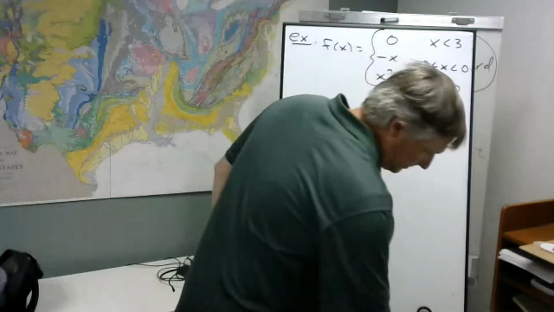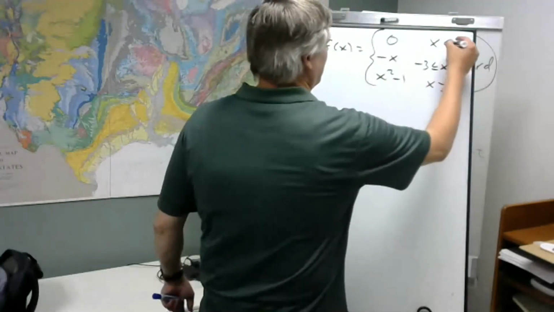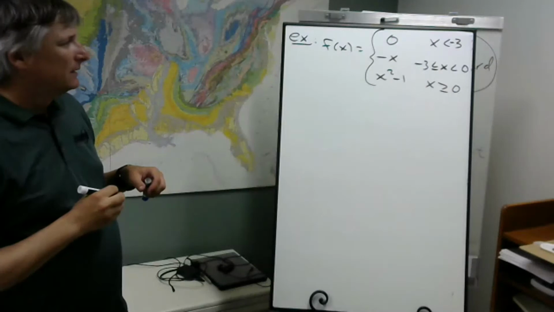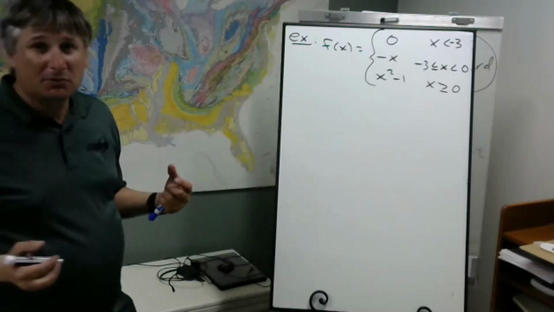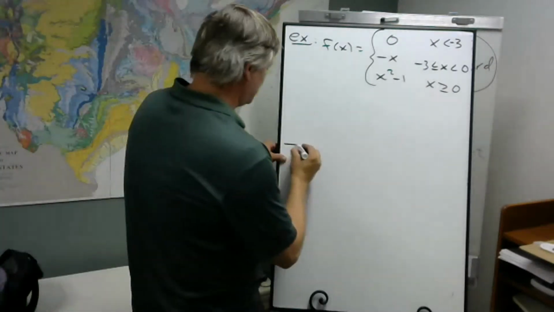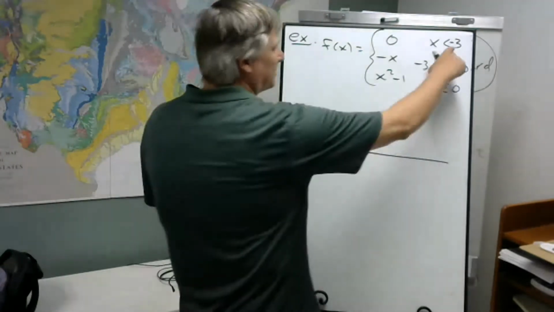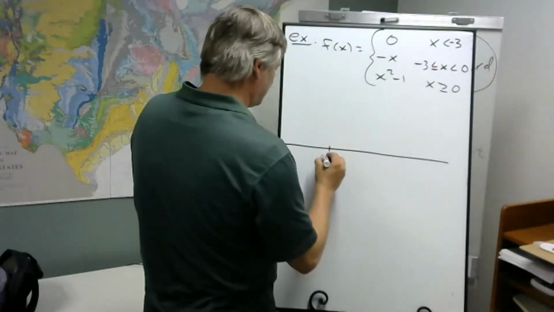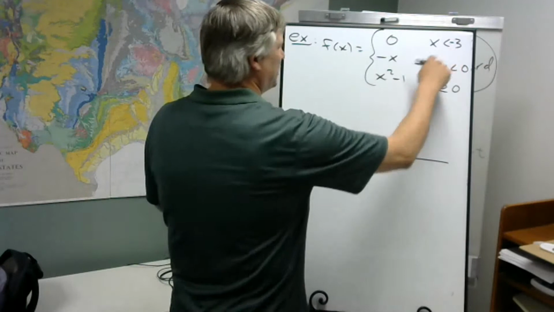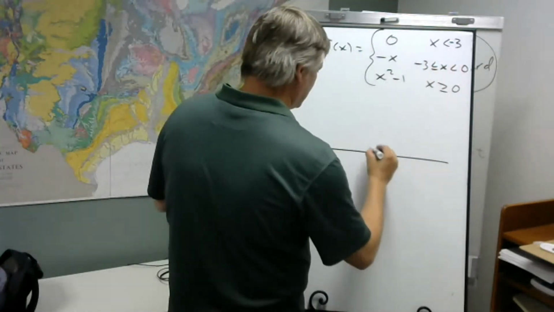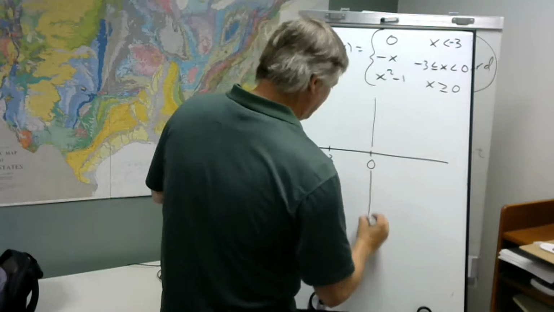Let's see, is that a -3? Yes, it is -3. There we go. So we have 3 pieces to this function. Break this up. Key numbers, -3. There's some kind of a change going on here. And then 0. I'll put my y-axis in here.